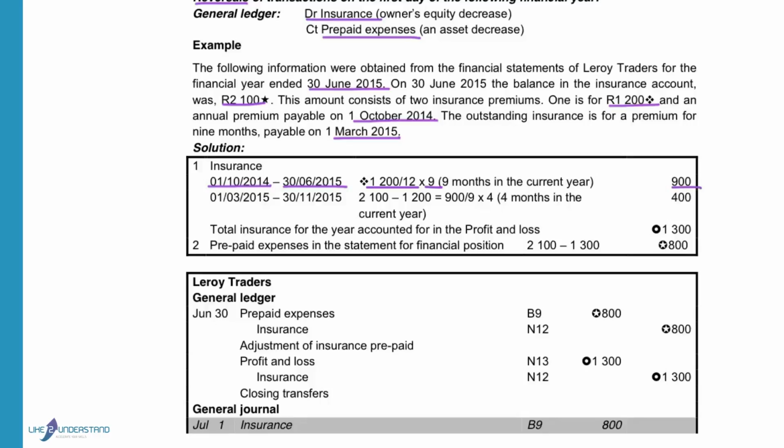On the 1st of March 2015, a premium was paid for 9 months that will carry on until the 30th of November.